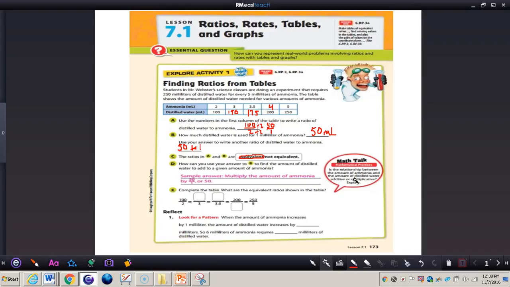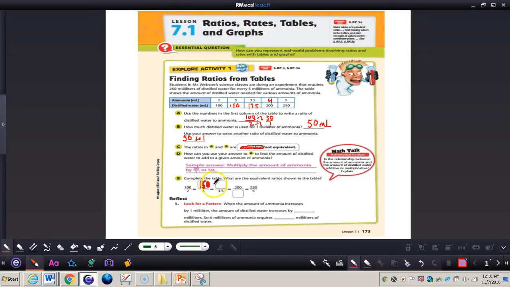So we're going to complete the table where the equivalent ratios are shown in the table. So we can see 100 to 2 is equivalent to 150 to 3. And we know that because the initial unit rate is 50 to 1. So you added 50 to 100 and 1 to the 2 there. So 50 to the distilled water and 1 milliliter to ammonia.